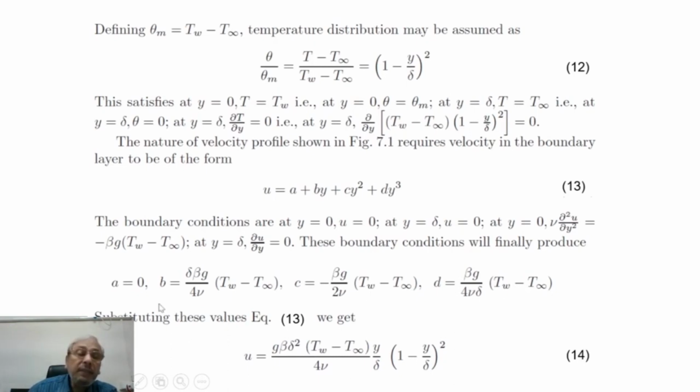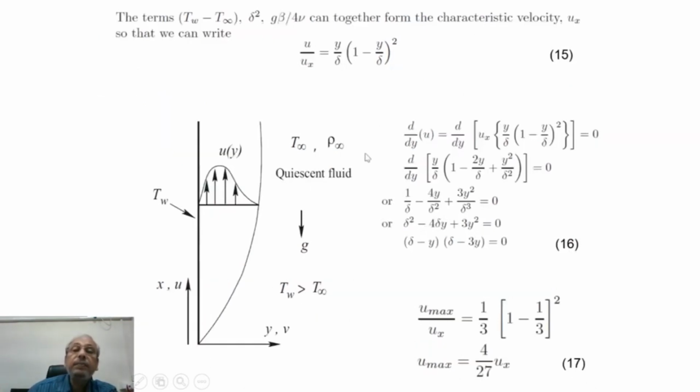Now this a, b, c, d, if we substitute here, we will get u equal to g beta delta square (Tw minus T infinity) divided by 4 nu into y by delta into (1 minus y by delta) whole square. This becomes the velocity profile, which satisfies all the physical conditions.